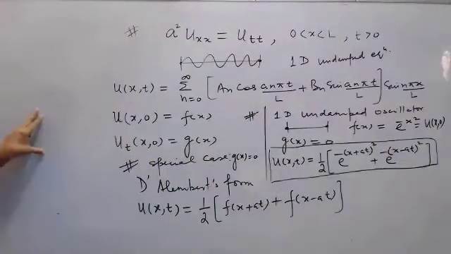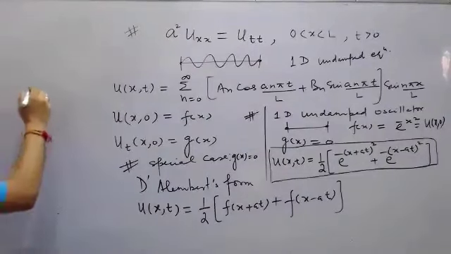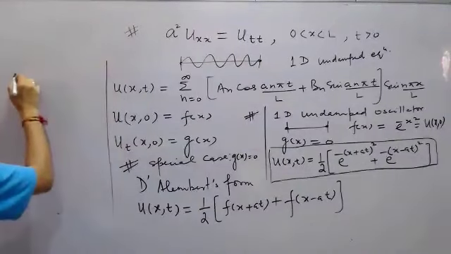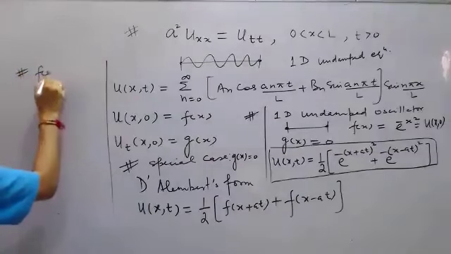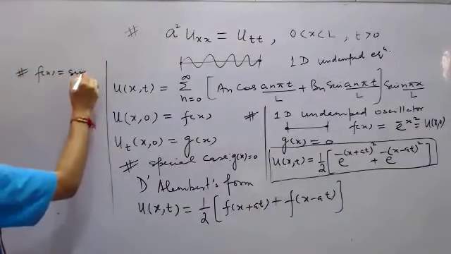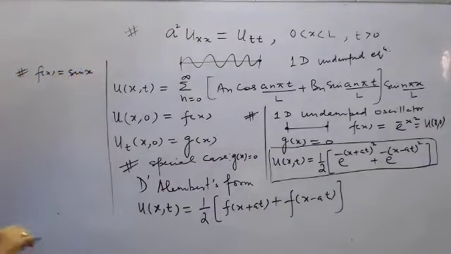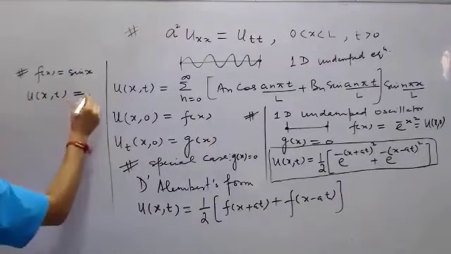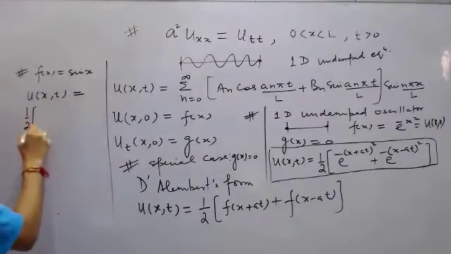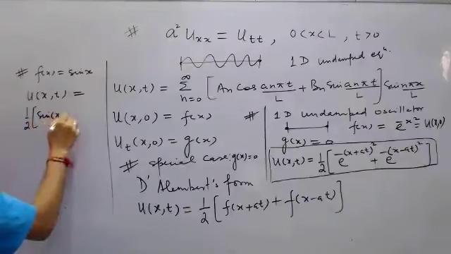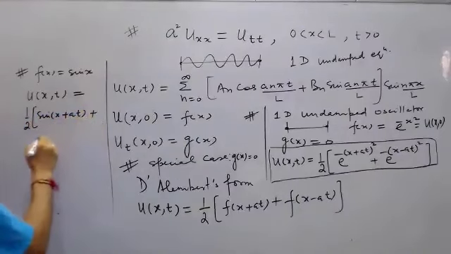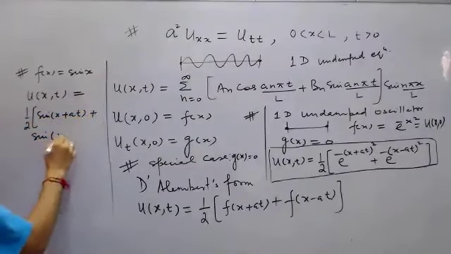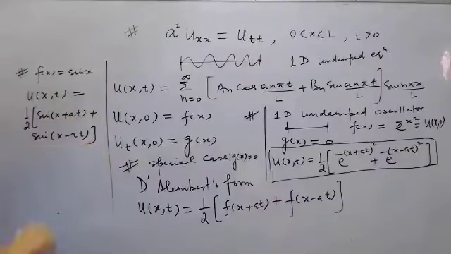So you remember this, that if in any problem, suppose let me take another problem in which f of x is given, suppose sine of x, then what will be the solution? u of x comma t is equal to half sine of x plus at plus sine of x minus at.